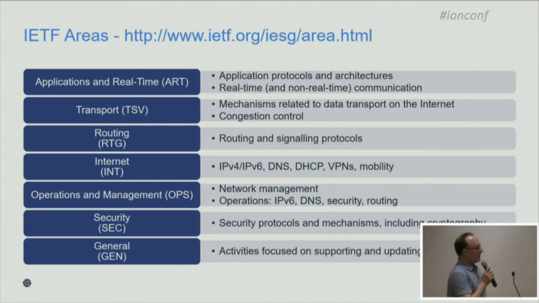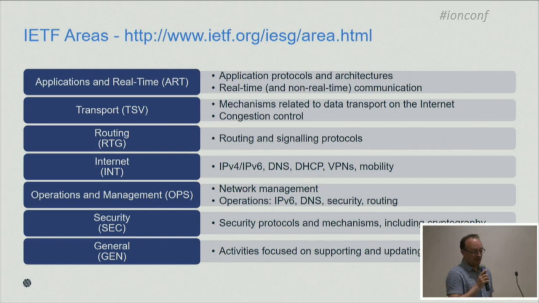There's the routing area that deals with routing and signaling protocols. The general internet area, that's IPv4, IPv6, DNS, DHCP, so dynamic addressing. Network management operations, that's dealing with how these protocols are applied in the real world.